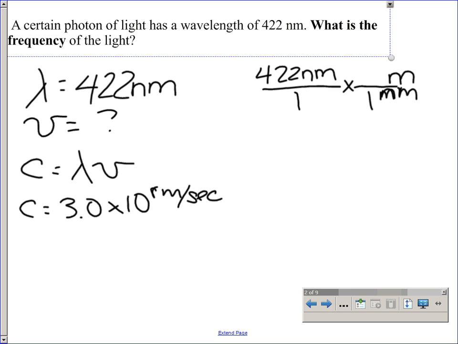Okay, 1 nanometer is equal to what? 10 to the negative 9th. Okay, nanometers cancels. I'm left in meters. So when you do that math, what do you get? Good. 4.22 times 10 to the negative 7th.